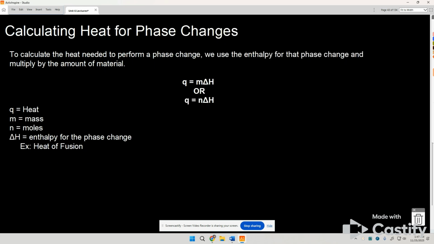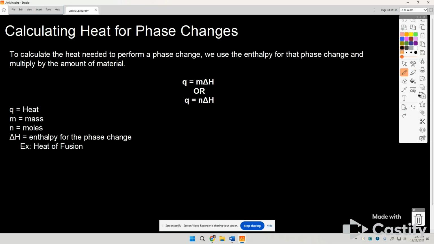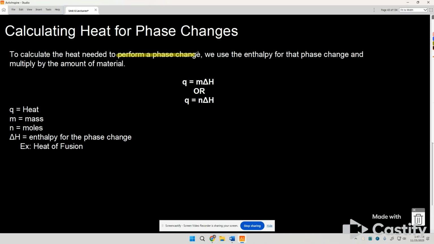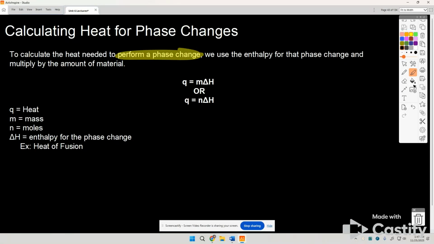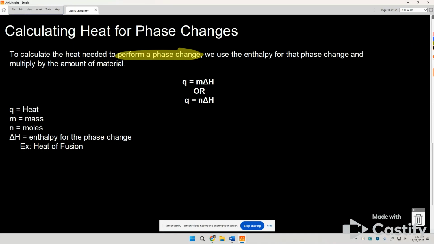Now, there's a new heat equation we're going to be talking about here. This one is one that you use just for phase changes. Specifically, this part here is only when we are performing a phase change. The other equation, the Q equals mc delta T equation that we've learned previously, is for when we're not doing phase changes.